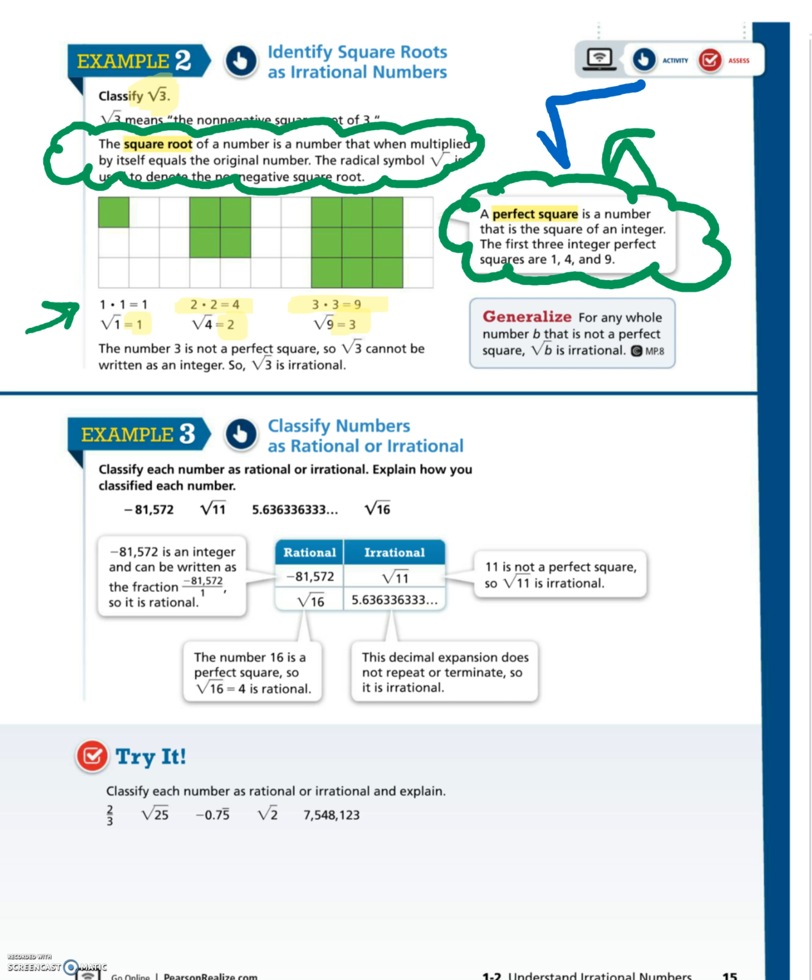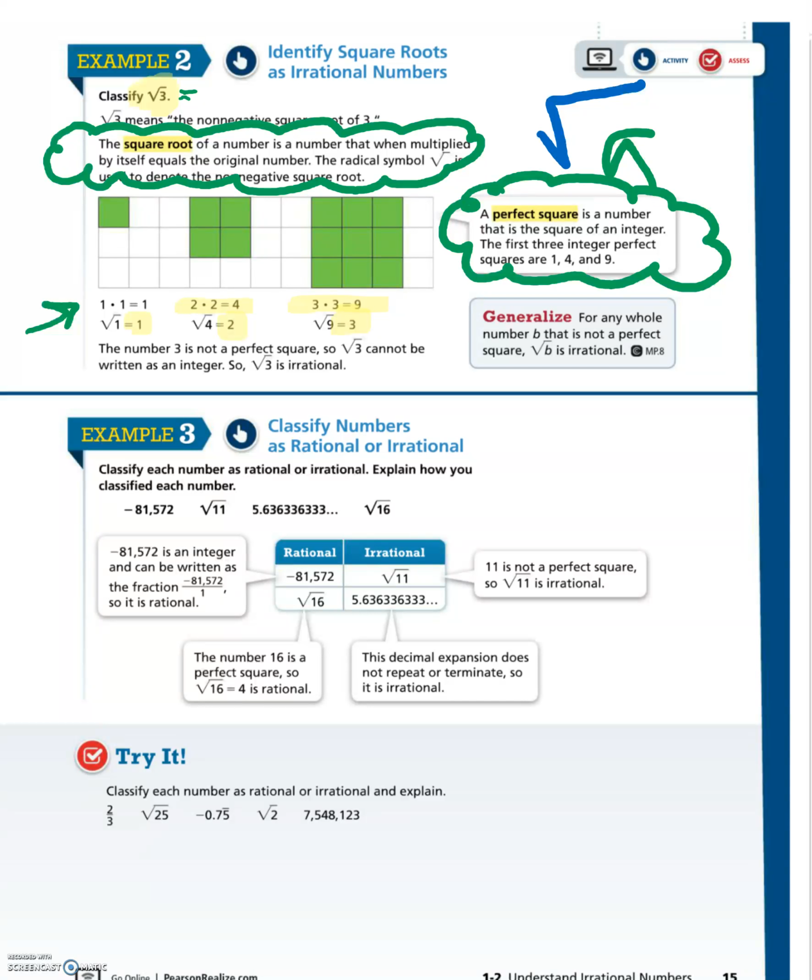So that helps us show that square roots could be rational or irrational. But since the square root of 3 does not equal an integer, a number that stops, or as we're saying, terminates, let's see in our calculators, it'll actually show us what the square root of 3 is.